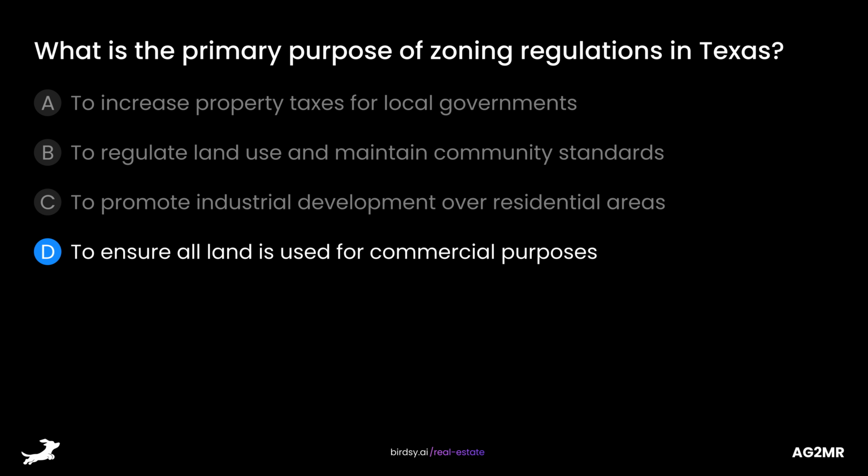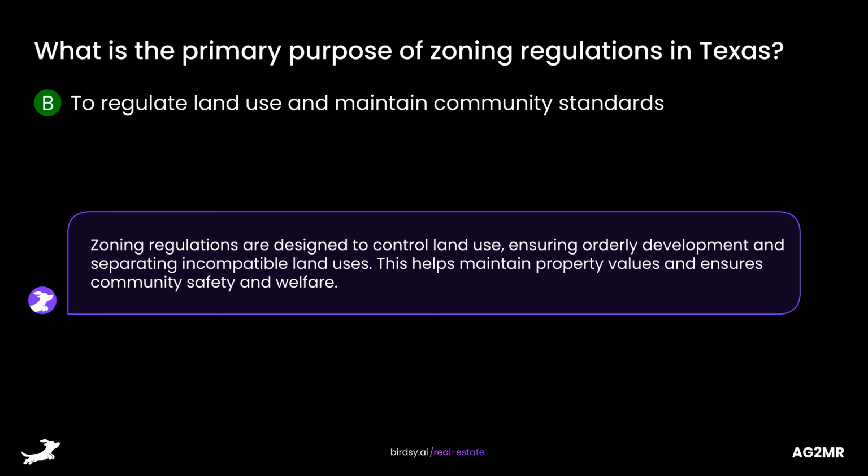Or D, to ensure all land is used for commercial purposes? The answer is B, to regulate land use and maintain community standards. Zoning regulations are designed to control land use, ensuring orderly development and separating incompatible land uses. This helps maintain property values and ensures community safety and welfare.